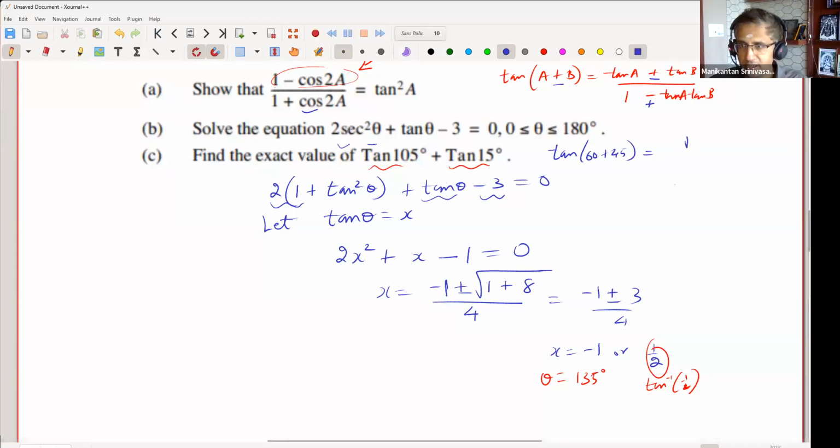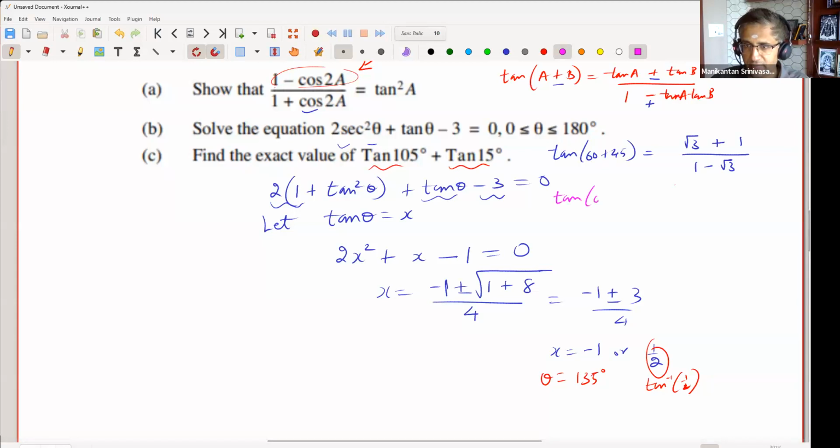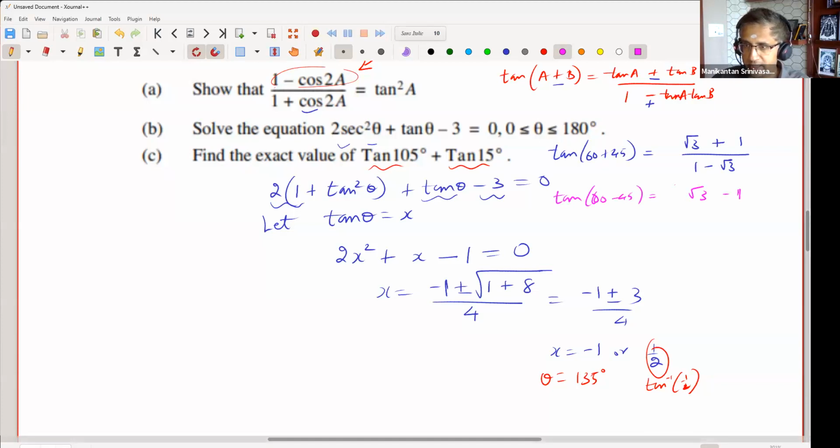So it's tan 60, which is root 3, plus tan 45, which is 1, upon 1 minus root 3 times 1. So that's this. And the other one is tan of 60 minus 45. So it'll be root 3 minus 1 upon 1 plus tan A tan B, 1 plus root 3.